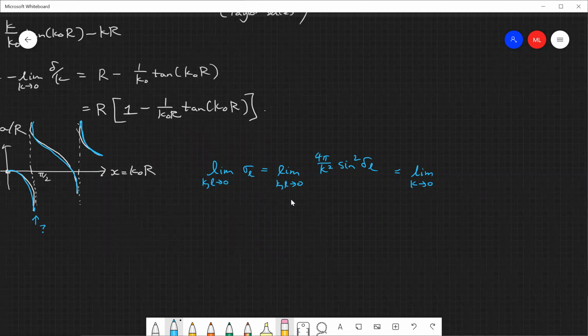If L is 0 here, it's 4 pi over k squared delta squared, but this is nothing but the scattering length squared.